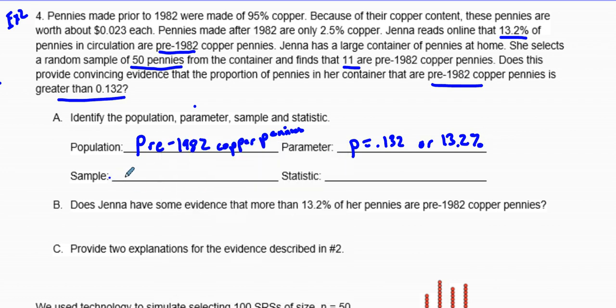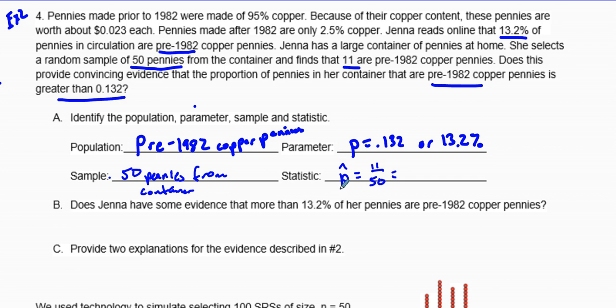Now our sample is 50 pennies from our container. Our statistic is going to be p hat, and what we found is 11 of those 50 pennies are pre-1982.